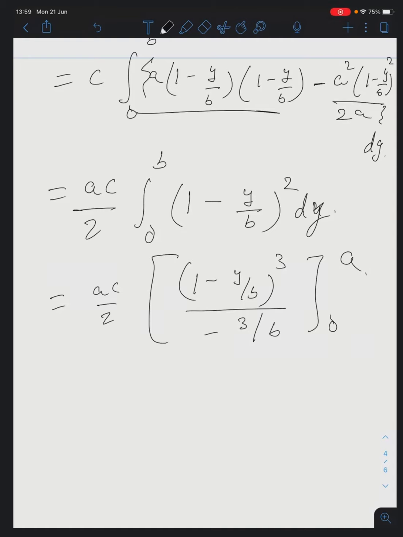What is the answer? abc by 6. a, b, c by 6 you will get.